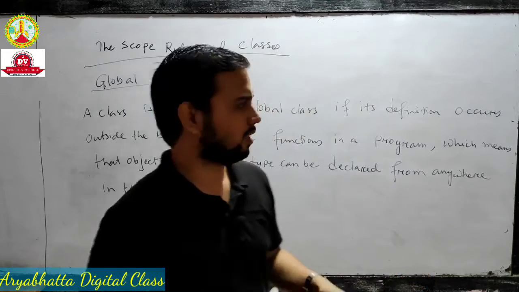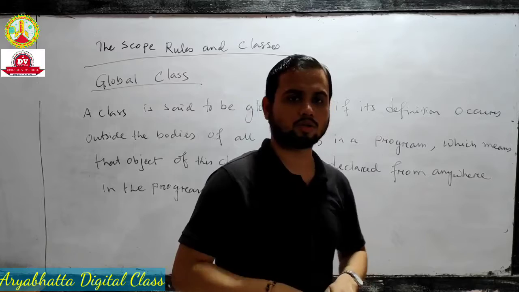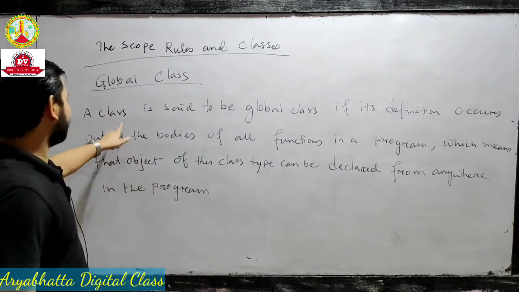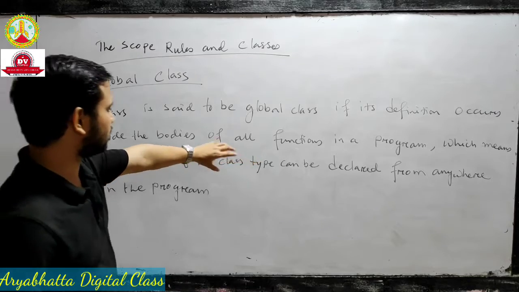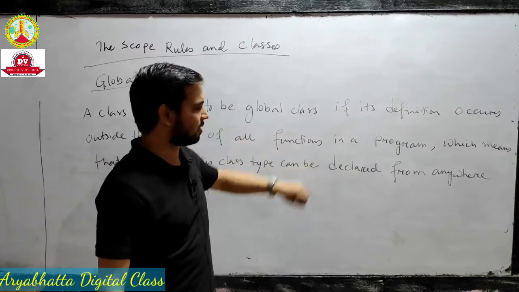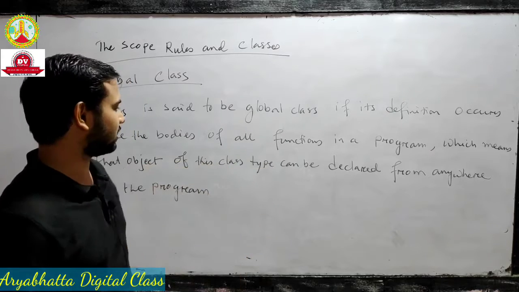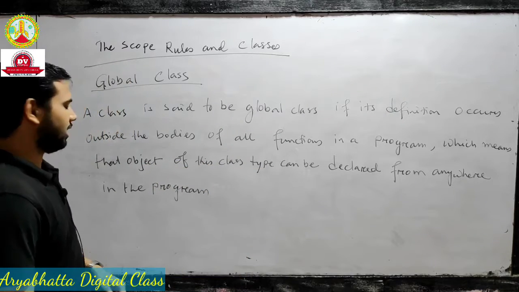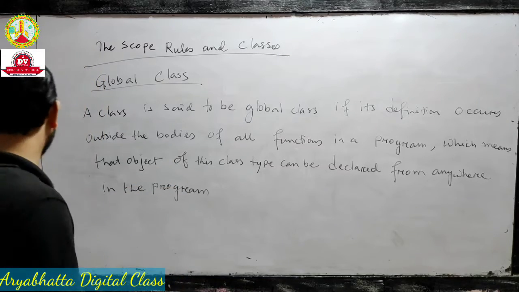If you don't declare an object, then your class program will not be complete. The class is said to be global when it is outside the bodies of all functions, meaning your data members and member functions, which means the object of this class type can be declared from anywhere. Anywhere in the program you can declare the object.